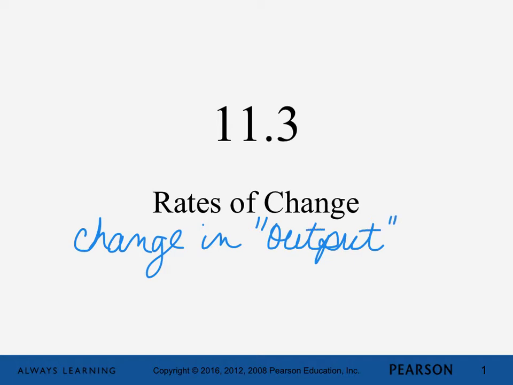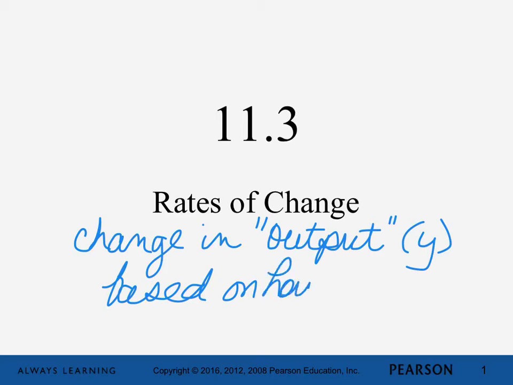And you can think of output as the y variable. So the change in the output of a function based on how the input changes. And you could think of input as the x.